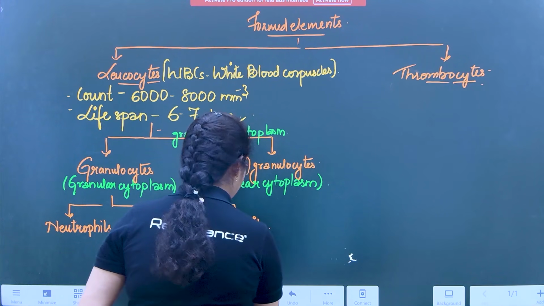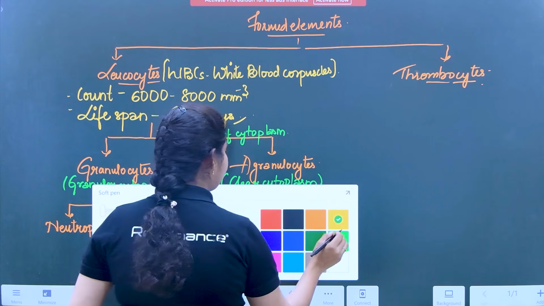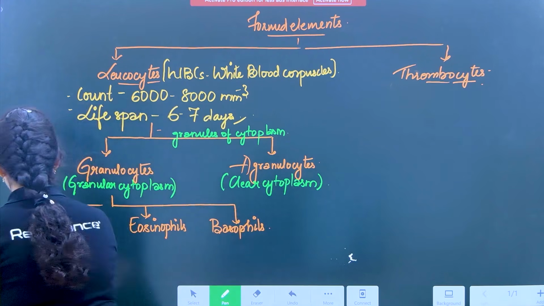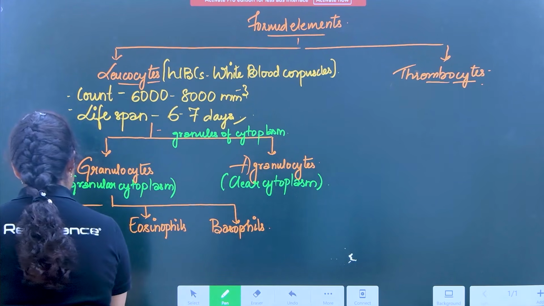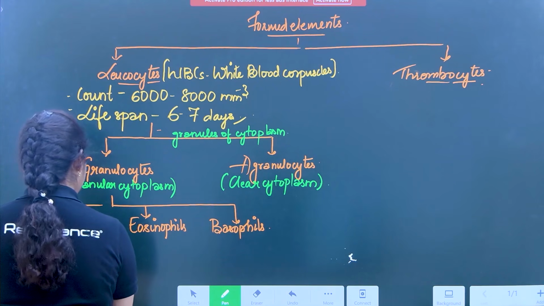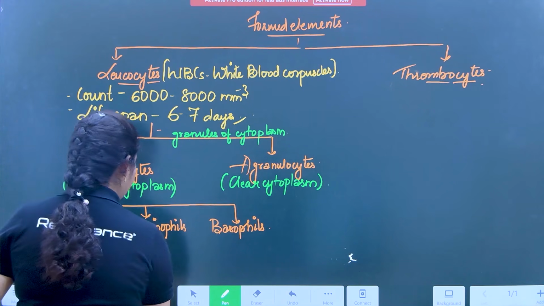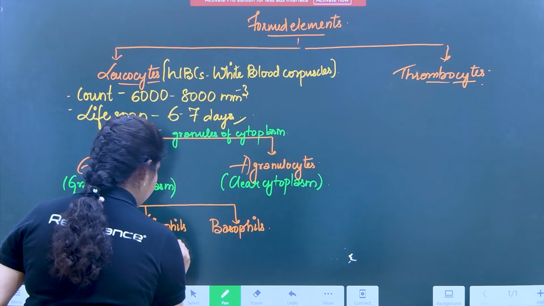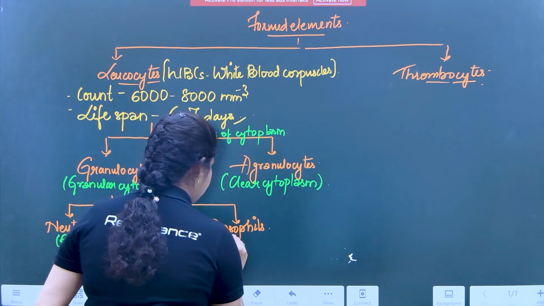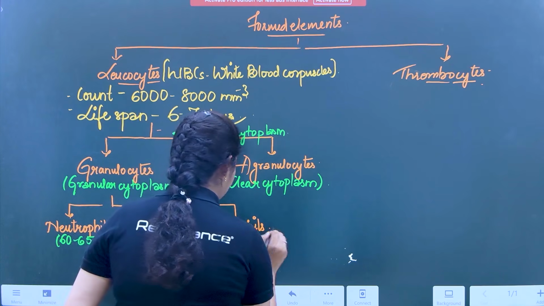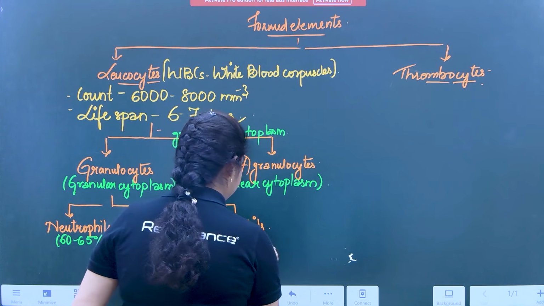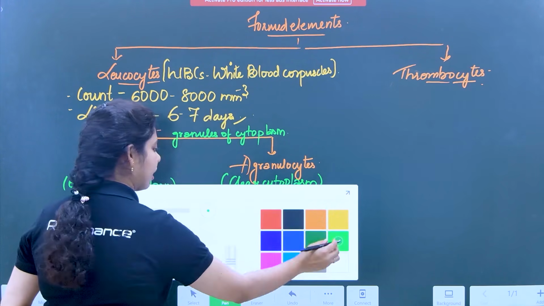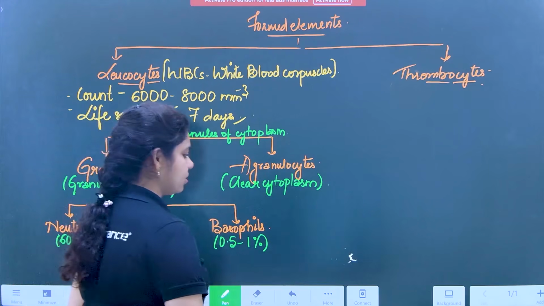Coming to the quantity of each one of them, neutrophils is 60 to 65 percentage, eosinophils is 2 to 3 percentage, basophils is least, 0.5 to 1 percentage.